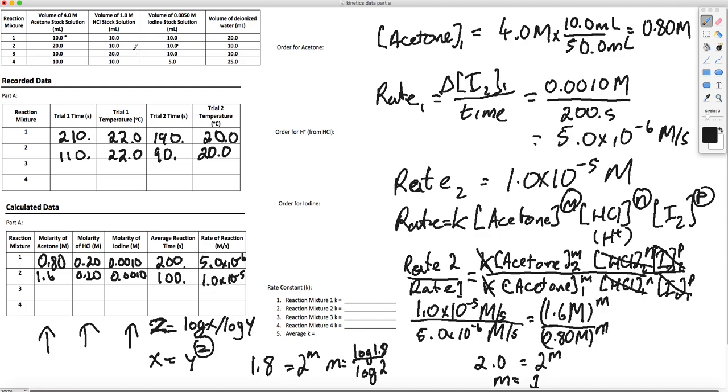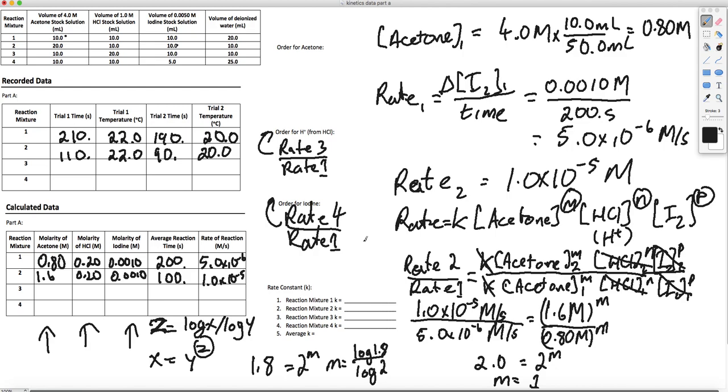If we compare rate 3 over rate 1, we'll be able to get the order with respect to HCl. And for I2, you can see we've got 10, 10, 10, and 5 up here, and we would do rate 4 over rate 1 for the iodine. That's for the iodine, and that's for the HCl.